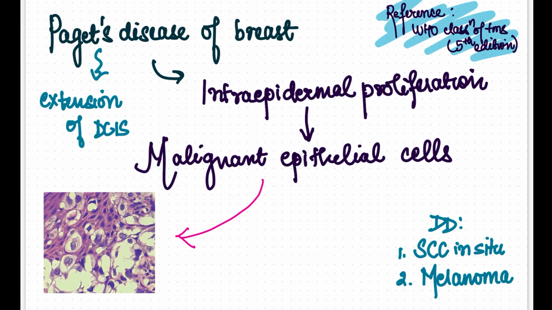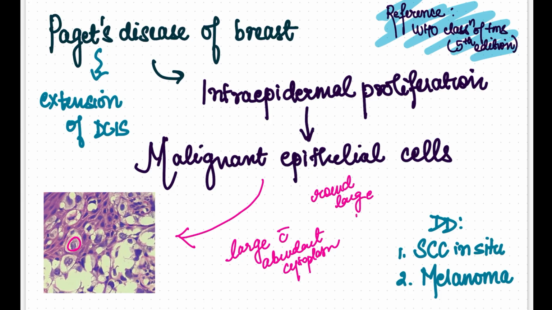They are large with abundant cytoplasm. Again, you have a large, round nucleus, and you have a prominent nucleolus. This is how you describe a malignant cell. Usually, they have a prominent nucleolus.